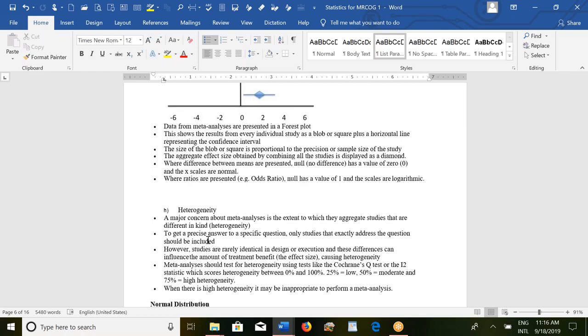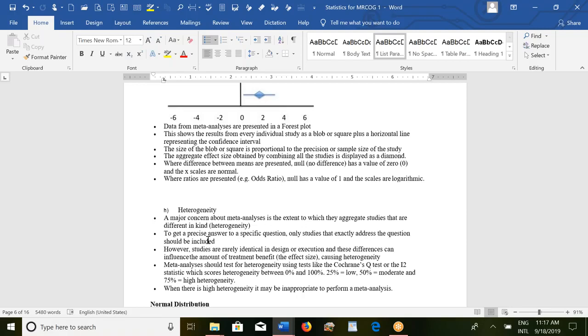However, studies are rarely identical in design or execution, and these differences can influence the amount of the treatment benefit or the size of the effect. So it will cause heterogeneity. Meta-analysis should test for heterogeneity using tests like Cochran's Q test, or the I2 statistic, which scores heterogeneity between 0% and 100%.